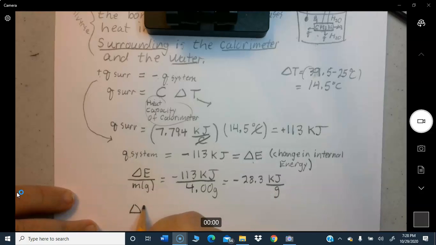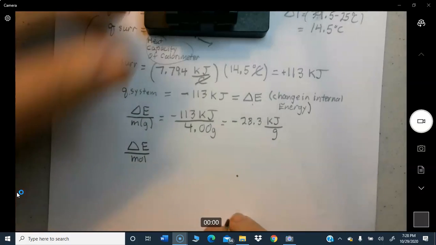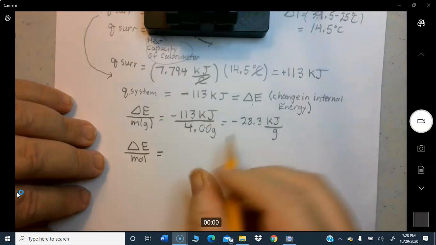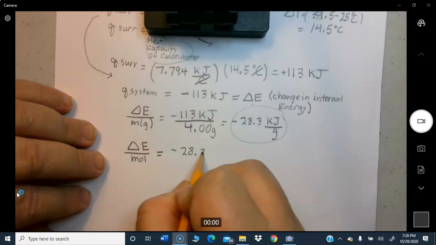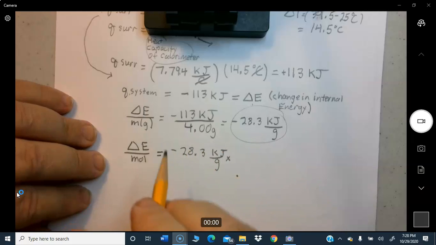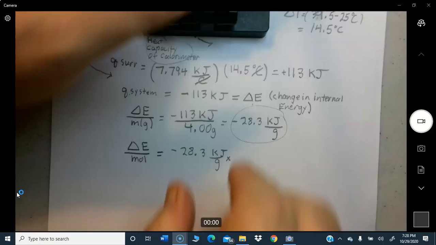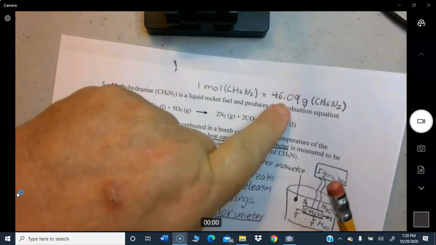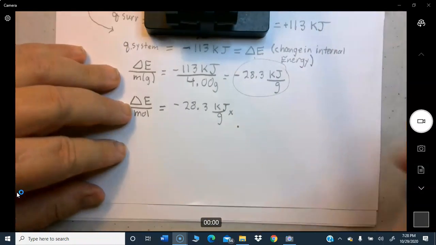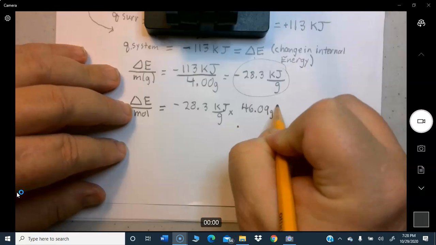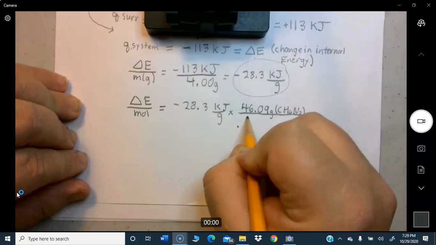Okay, if we want to know delta E per mole of the rocket fuel, which is something else you might be asked, then that's going to equal this and the molar mass. You need the molar mass of the rocket fuel. So we figured that out up here. Oops, I'm off screen, way off screen. That's the molar mass of the rocket fuel, 46.09. So we're going to go ahead and put this here for every mole.